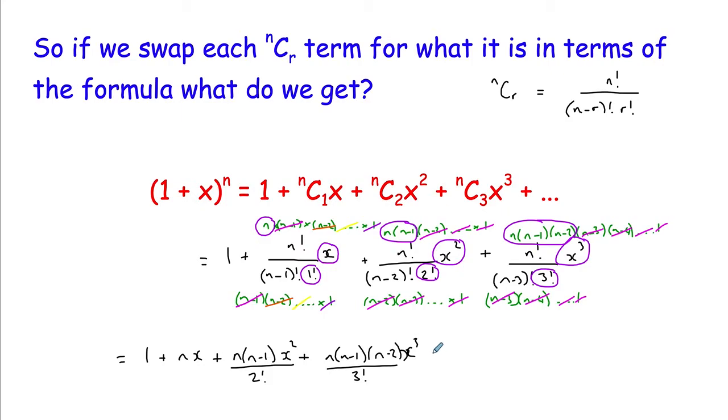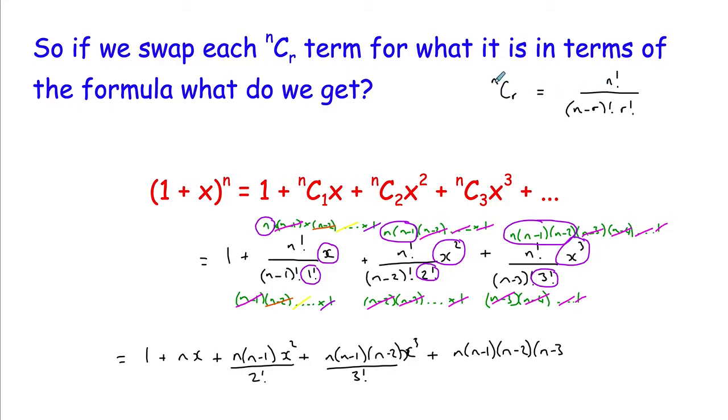Now, bearing in mind that we're doing this specifically for when n is not a positive whole number. When n is a positive whole number, these terms eventually stop. And the reason they stop is because we end up with a 0 in the formula version of the nCr.